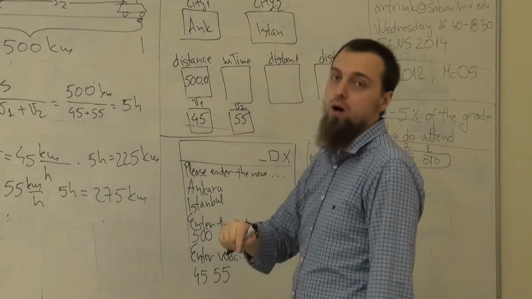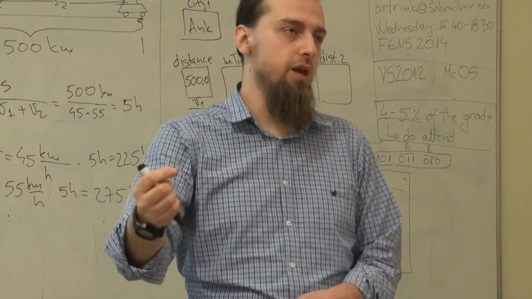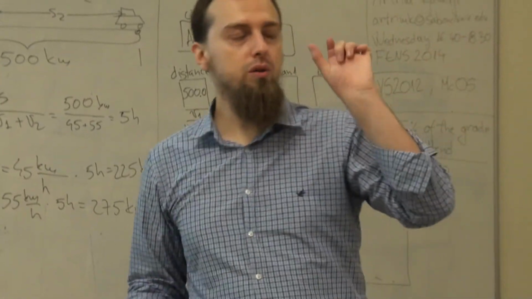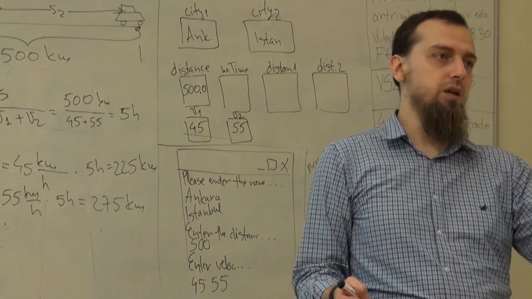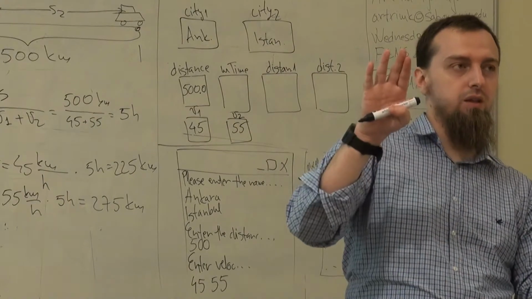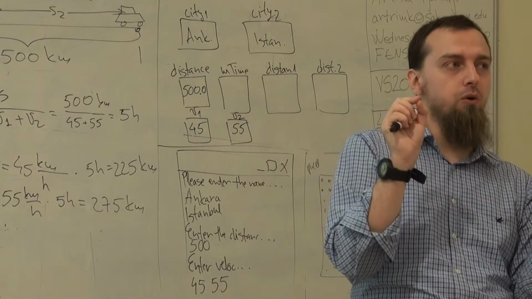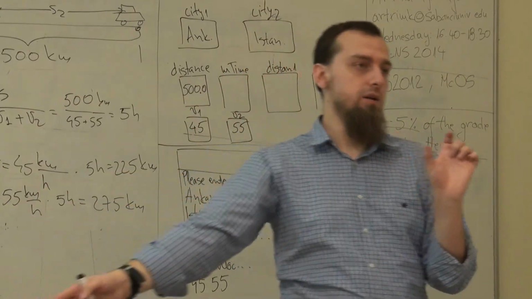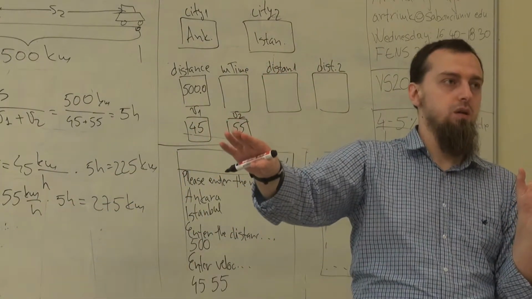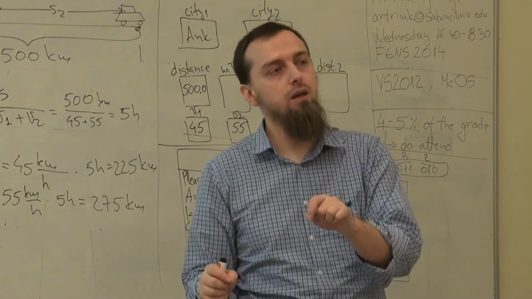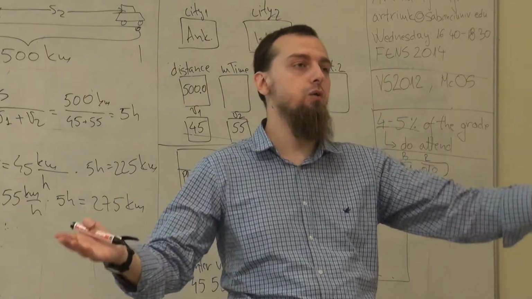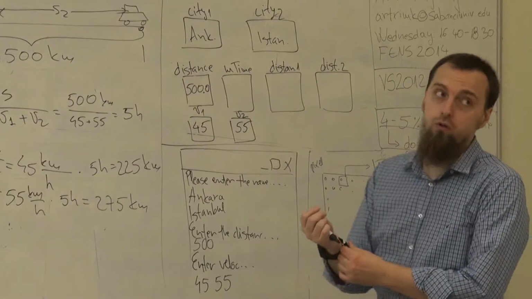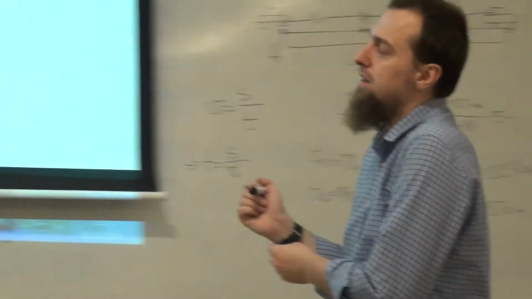If I say that V1 is 45.3, since it's an integer number, only the whole part of the number will be taken. Everything after the floating point, the decimal part, is going to be discarded. Even if it's 45.9, I'll take only 45. This is how it works. So I have 45 here, 55 here, not 45.0. See, it's an integer number.